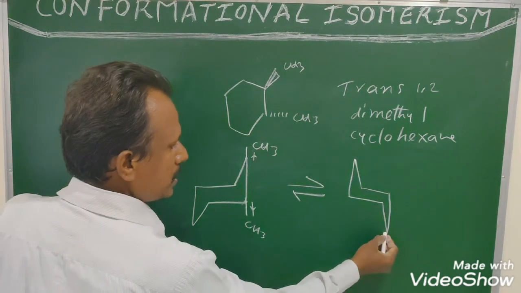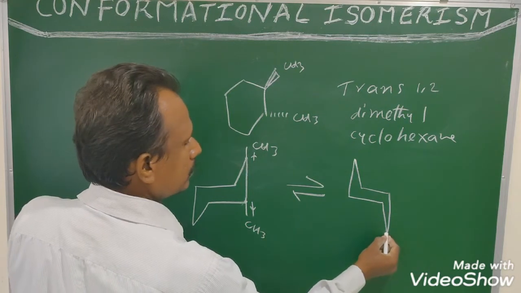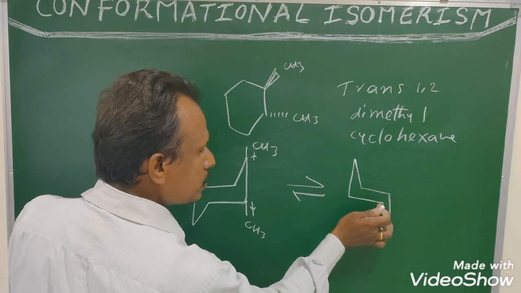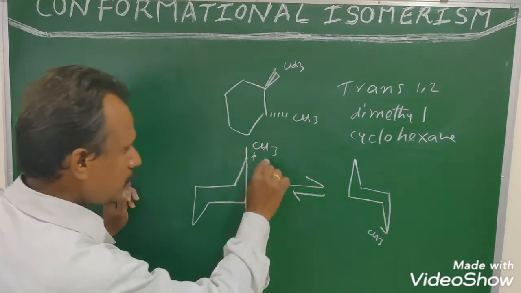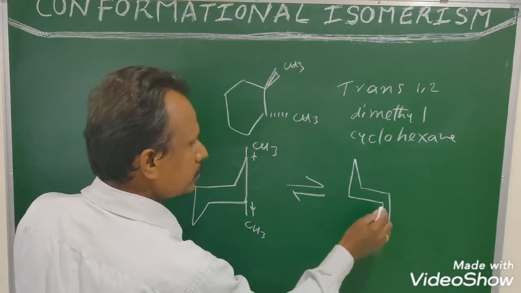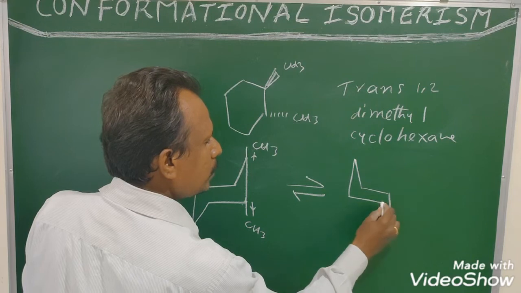The methyl location is here. This axial methyl becomes an equatorial methyl. Second, this one is the second carbon. Here in the clockwise direction it is 1, 2. It is 1, it is 2. Equatorial.